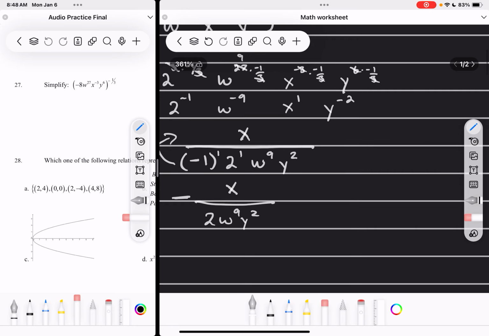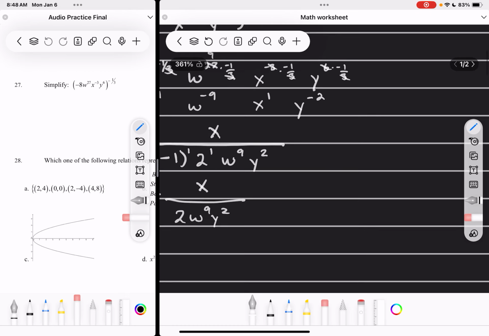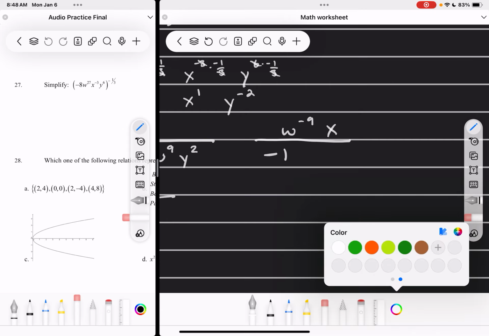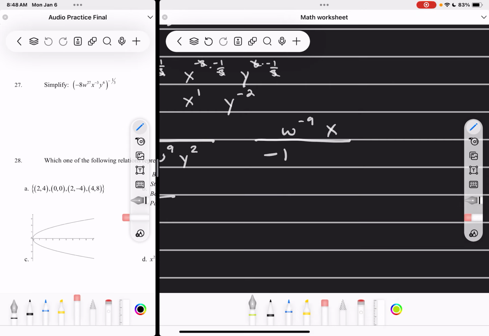Real quick, we're going to go over why the negatives move around. So let's say we just end up with the w to the negative 9, and we're going to have a negative on the bottom, and our x. Looking at this, we have two problems here. One, we have the w to the negative 9, right? So with the w to the negative 9, we're going to multiply the numerator by w to the positive 9 and the denominator by w to the positive 9.